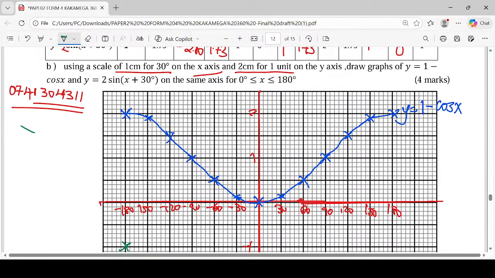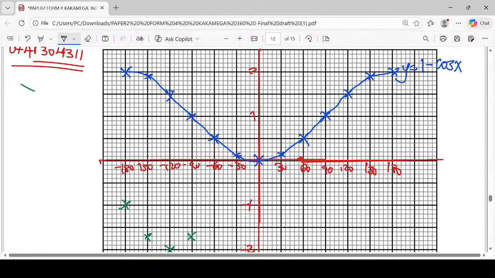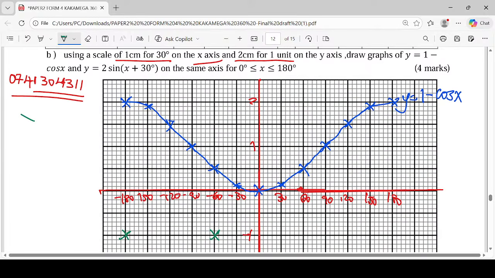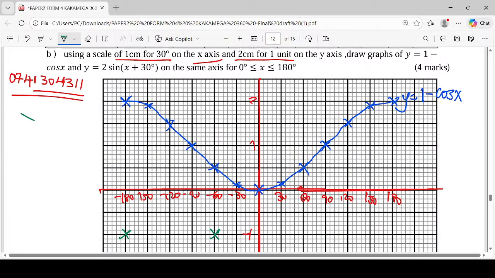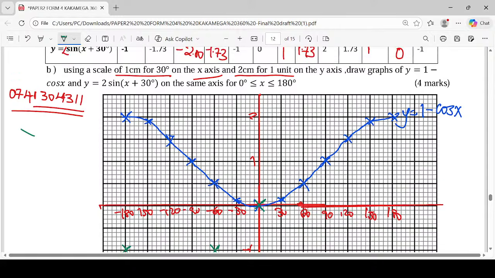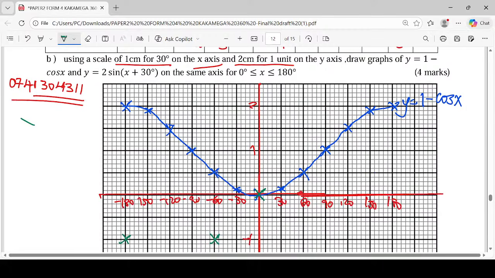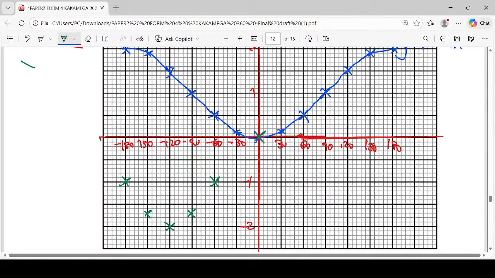Negative 60, it's here at negative 1. Negative 30 here, it's at 0.